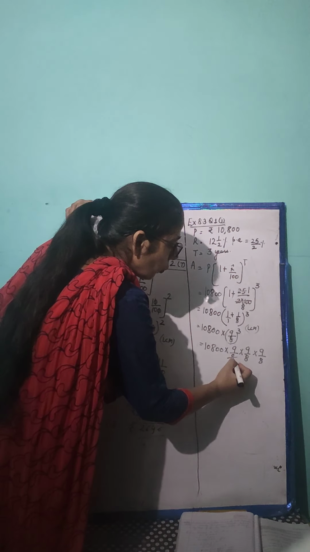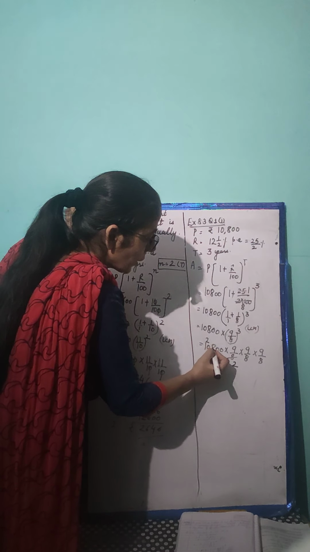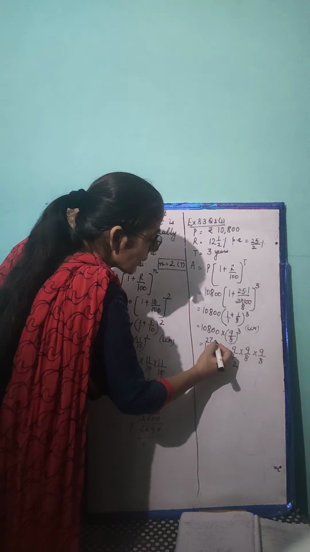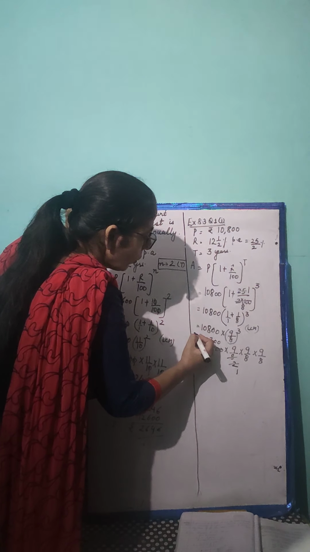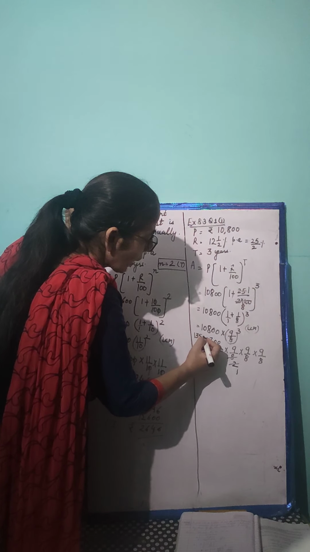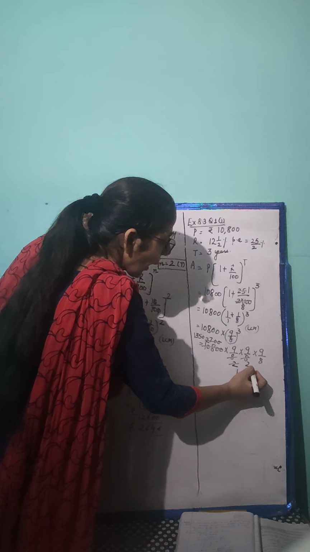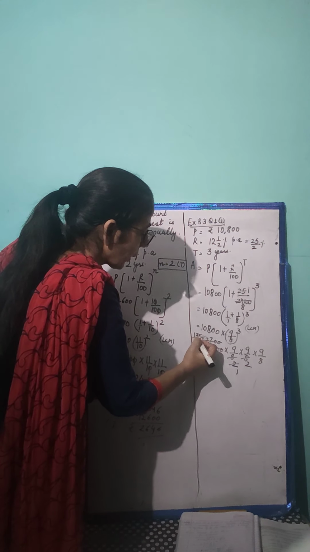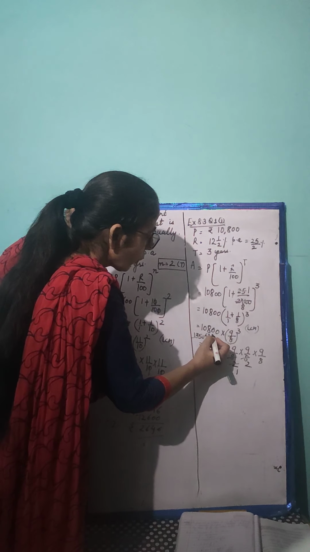So 4 twos are 8, 4 twos are 8, 4 sevens. And this. Now 2 ones are 2, 2 threes are 6, 2 fives. So keep on doing the calculation, making it as simple as we can. 2 sixes are 12, 2 sevens are 14.